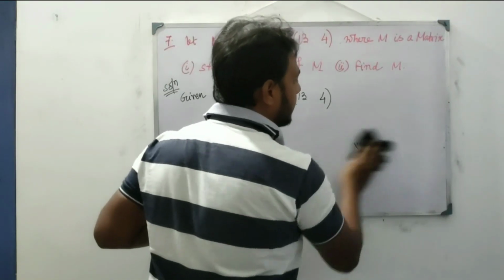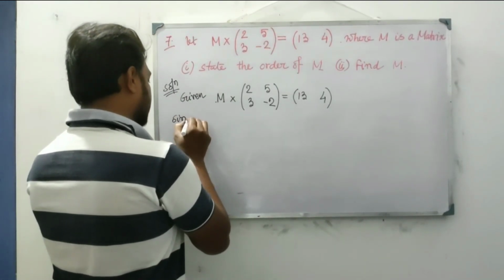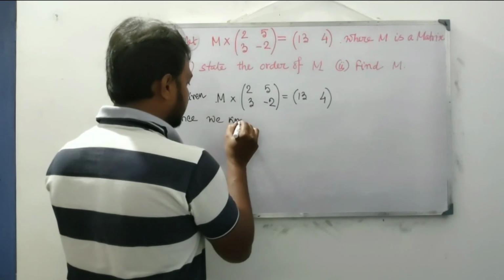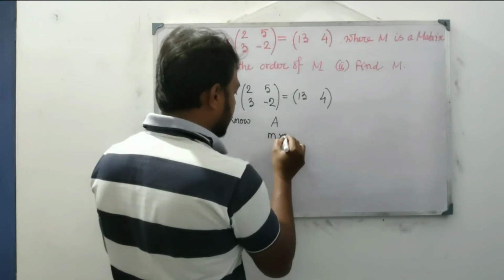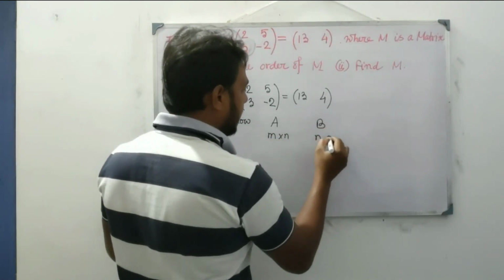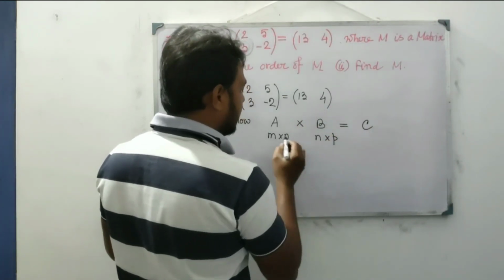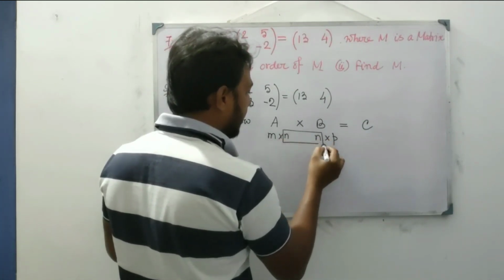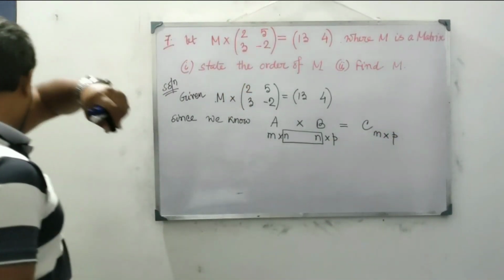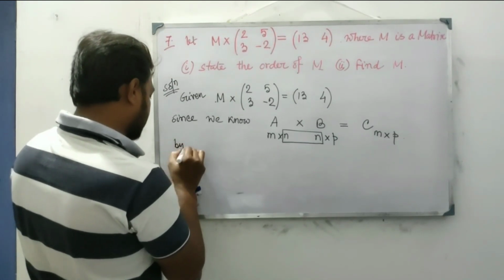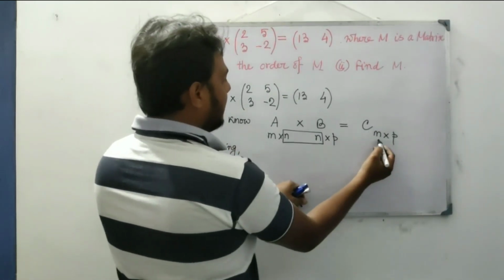Okay, so you have to write this theory part. Since we know that A is a matrix of order M cross N, B is a matrix of order N cross P. After multiplying these two matrices, if we get a matrix C, then C will be of order M cross P. Okay, so by comparing, here M cross P means what?